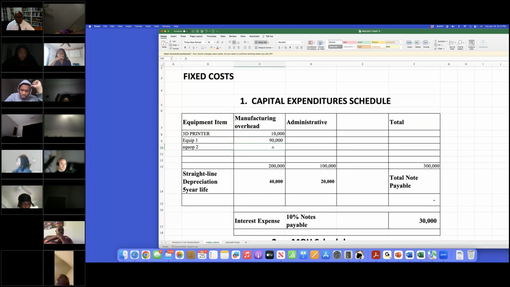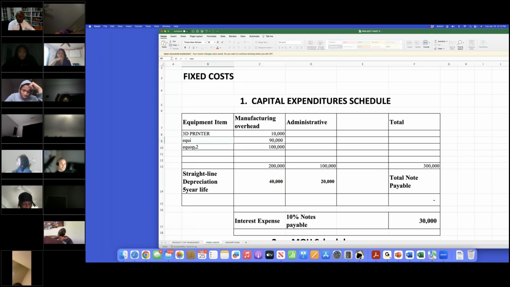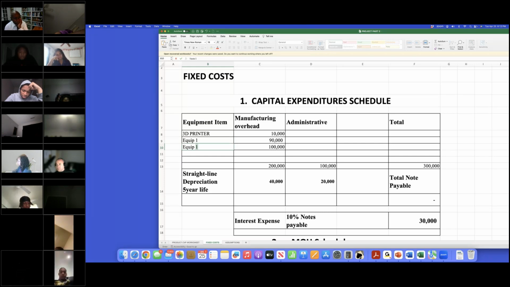So we add up all the equipments. So you got to list them, maybe longer, depending on your business to make the item. Then you add them all up to get your total equipment.